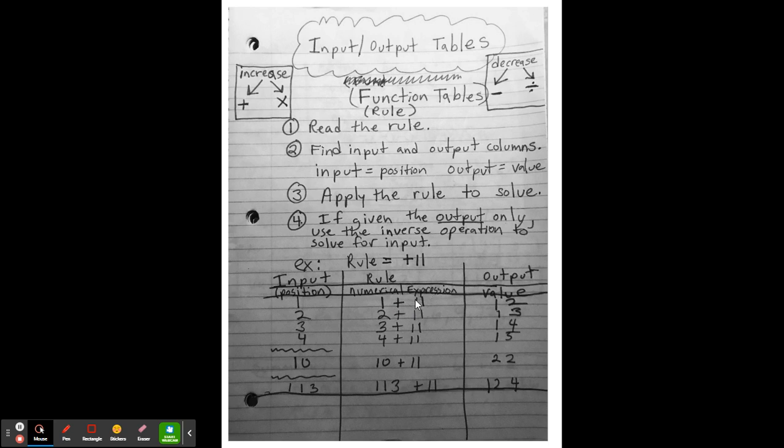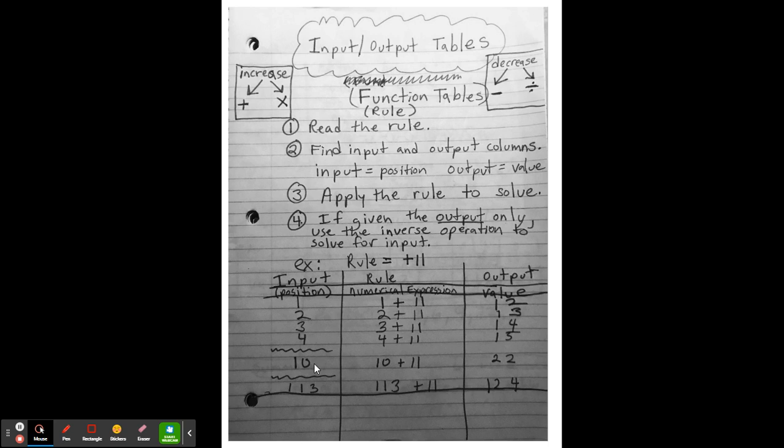When I solve 1 plus 11, I get my value, which is 12. Then if I have a position in my input of 2, I can create a numerical expression using the position, which is 2, plus 11, which is my rule, equals 13, which is my output.